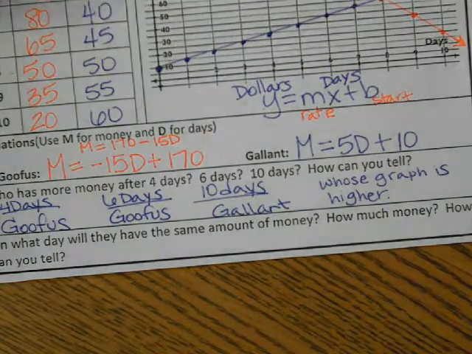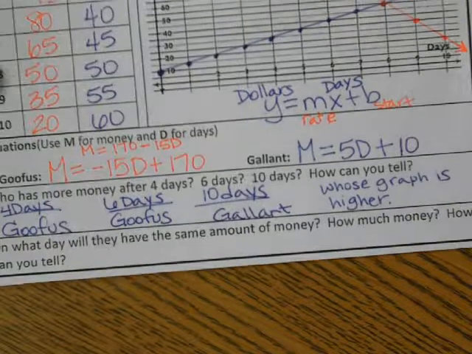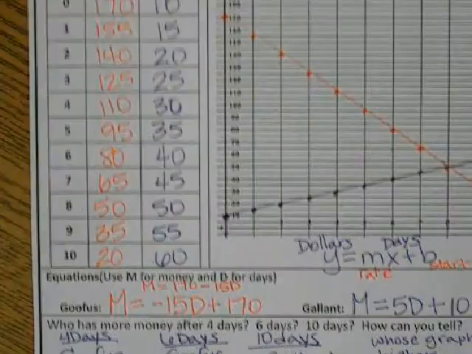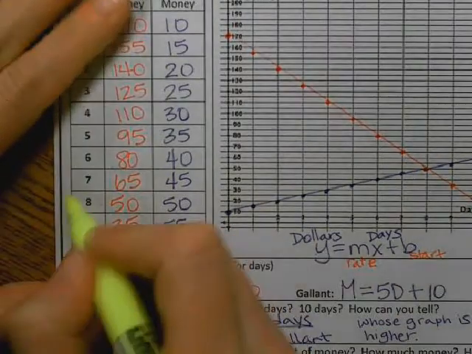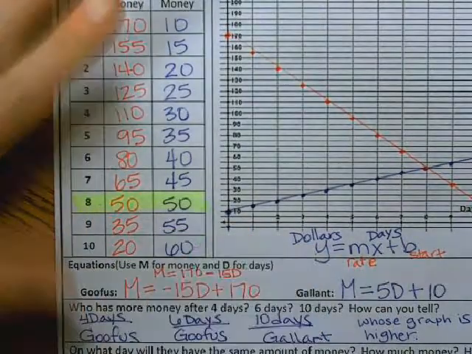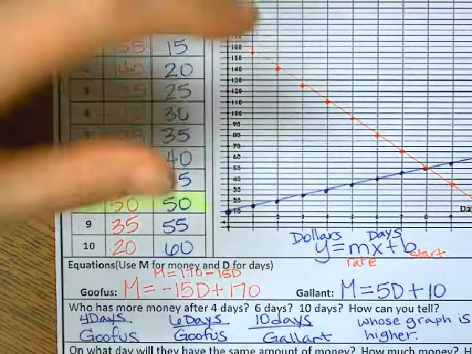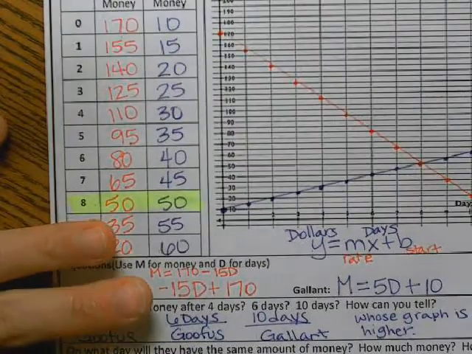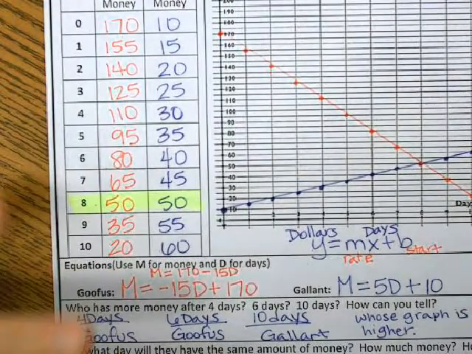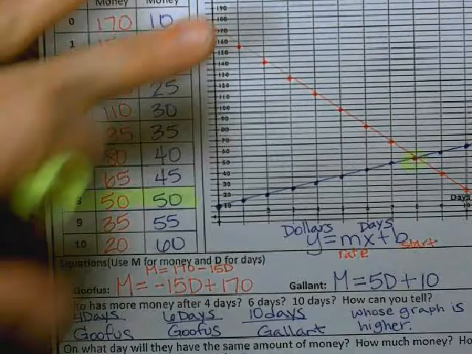What day will they have the same exact amount of money? So probably the easiest way to find this is to look in the table. So in the table, when will they have the exact same amount of money? That's going to be after day 8. So we say day 8, they have $50. And how can you tell they have the same? Well, it's where the graph intersects.